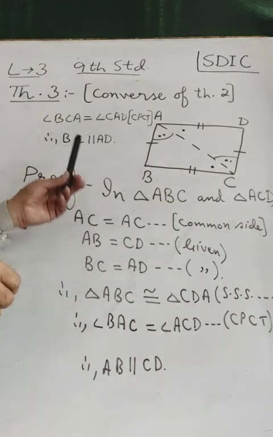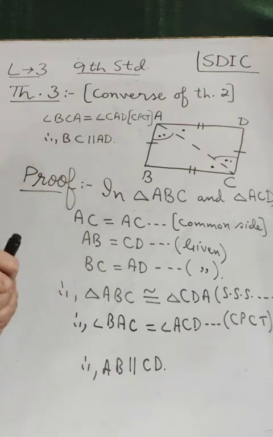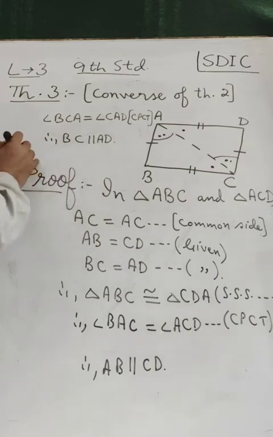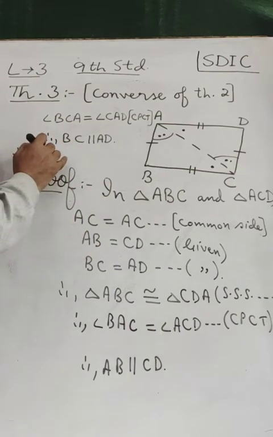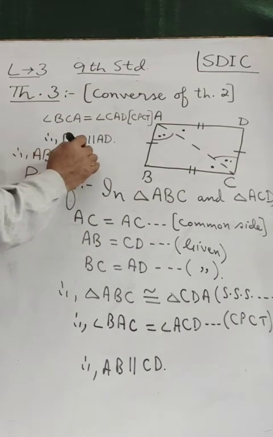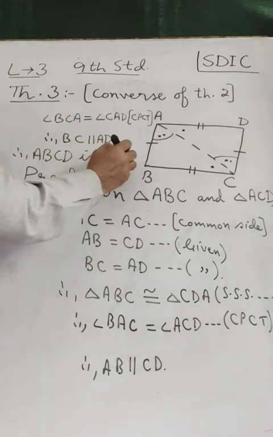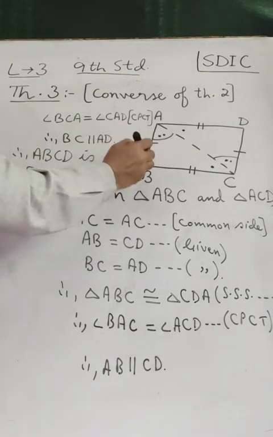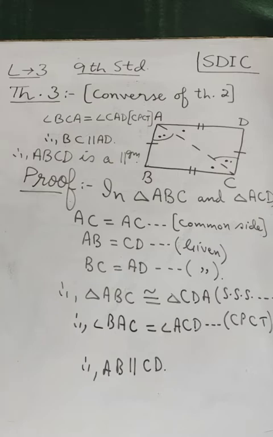And when a quadrilateral has both pairs of opposite sides parallel, that quadrilateral is called a parallelogram. So let us conclude, therefore, ABCD is a parallelogram. Write definition in the bracket. That completes our theorem number 3. This theorem was converse of theorem 2.